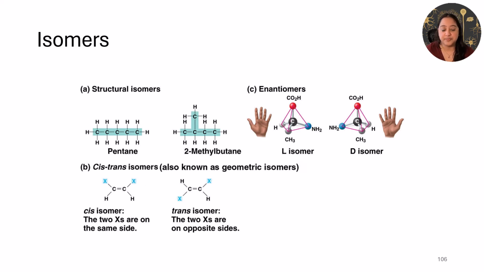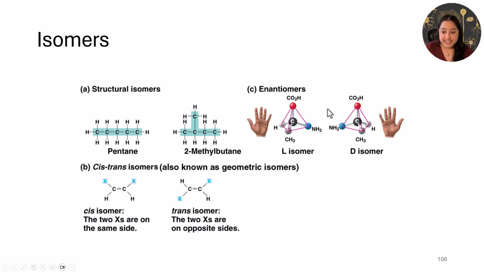Both of these are on the same side, so it's called a cis isomer. If they happen to be on opposite sides, then it's a trans isomer. So this molecule technically has all the same stuff, but because there's a small difference in what is on what side, it's a cis-trans isomer.